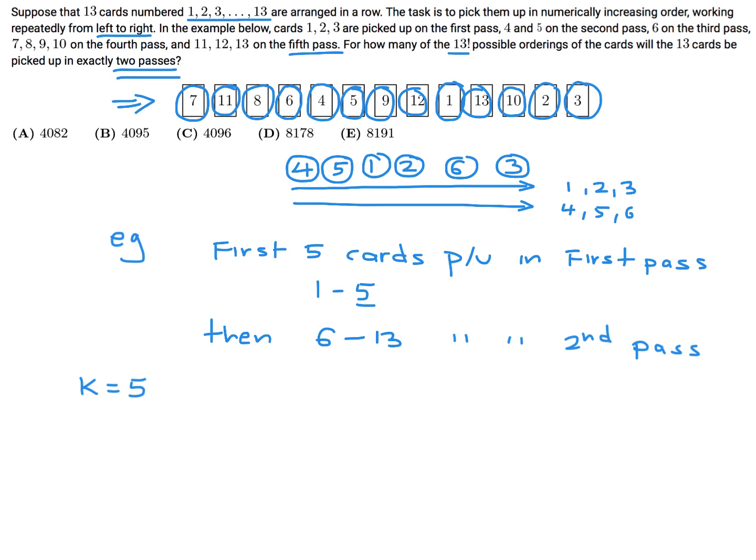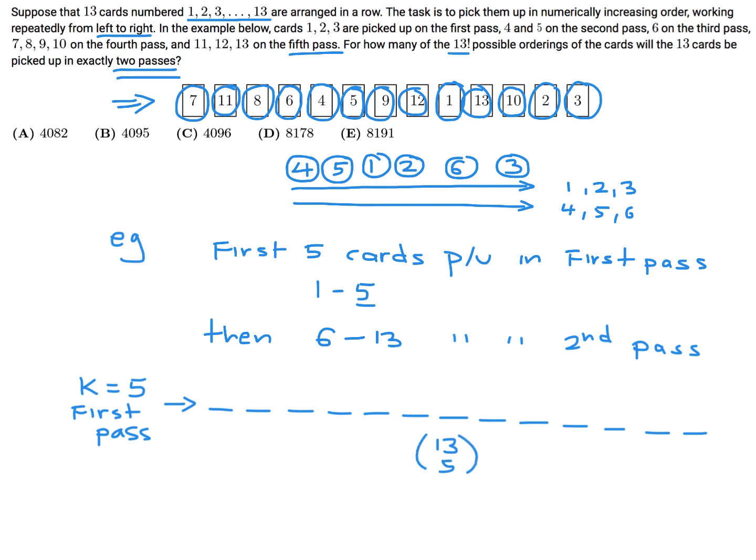So we have 1, 2, 3, 4, 5, 6, 7, 8, 9, 10, 11, 12, 13, right? Now the 1 through 5, we can put them in any order. So this first pass, we can put the 1 through 5 anywhere in here. So from 13 possible positions, we can choose 5.